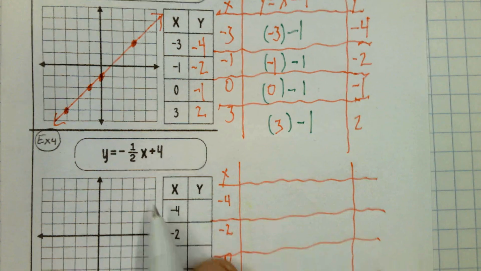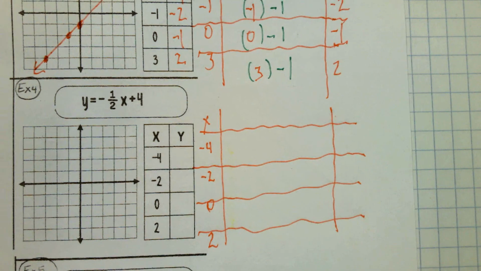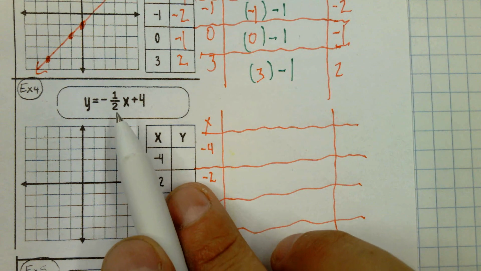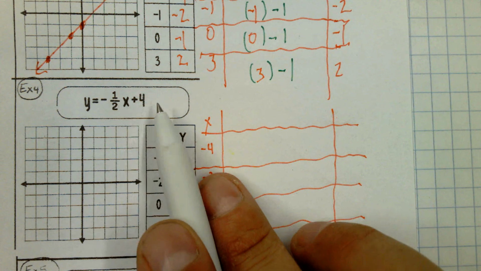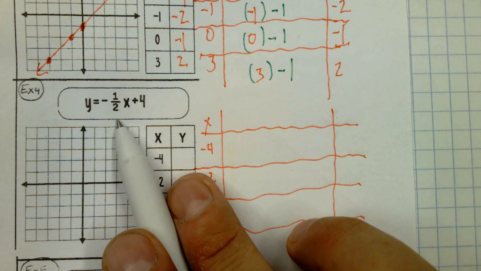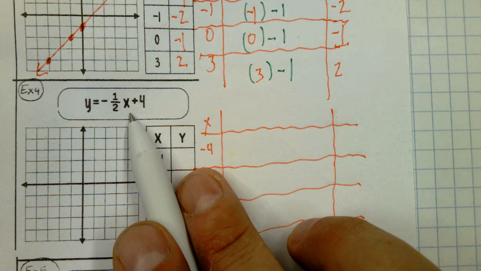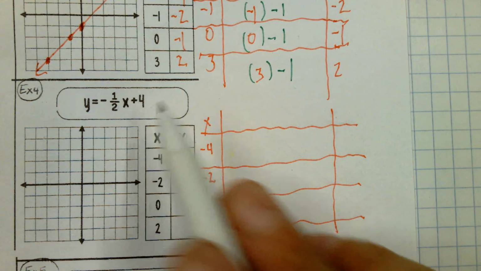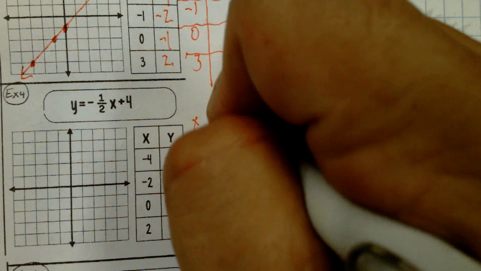What does the rule tell us to do this time? Negative 1/2 x plus 4. I'm going to take negative 1/2 and multiply it by x, then add 4. So let's write that down.